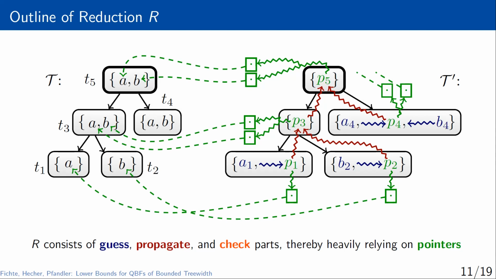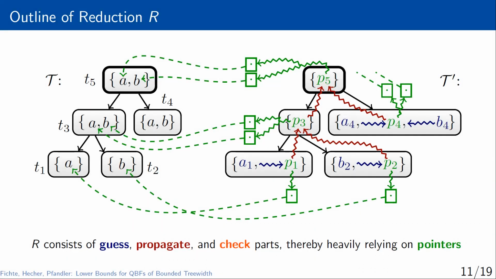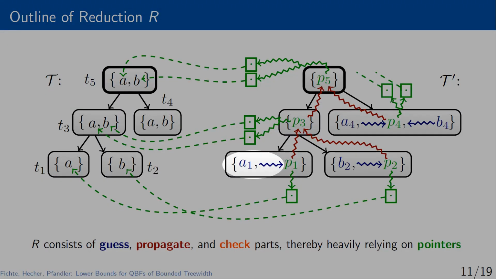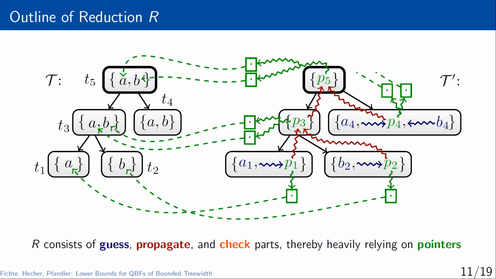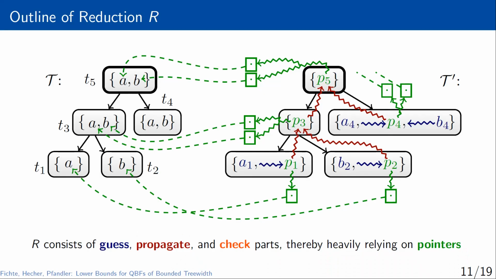Here pointers are represented via these green P elements. The overall reduction consists of 3 parts called guess, propagate, and check. In the guess part, we guess, similarly to dynamic programming algorithms, the truth value for introduced variables. However, for each introduce of a variable, we need fresh copy variables, given in blue, to do that. In the end, it is ensured by the propagate part that these copy variables have the same value by synchronizing pointers using the red squiggly arrows.